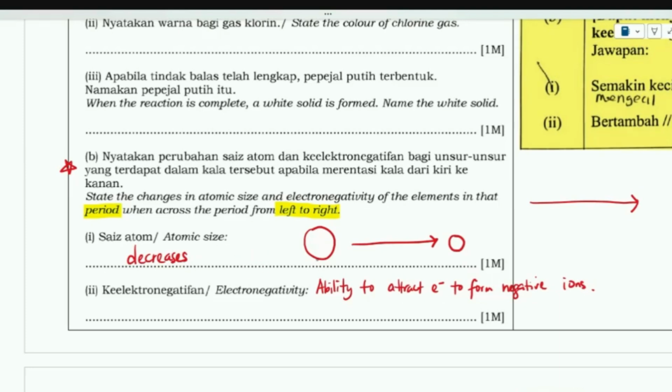Okay, very simple one. For example, sodium is 2.8.1. Chlorine is 2.8.7. Okay, chlorine. So which one is easier to attract one electron, to form the negative ions? Sodium easier to attract or chlorine easier to attract?